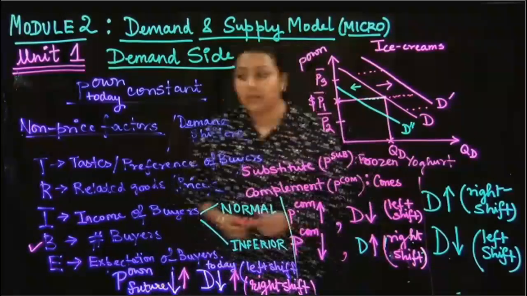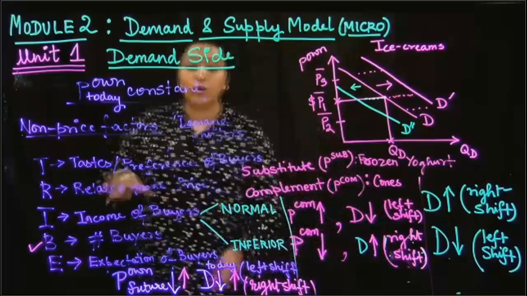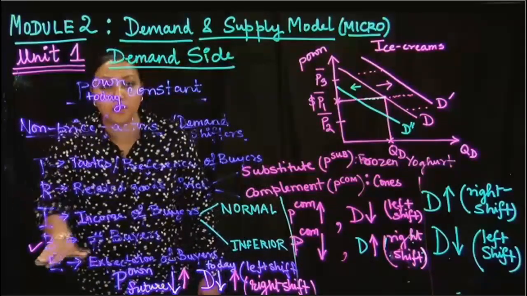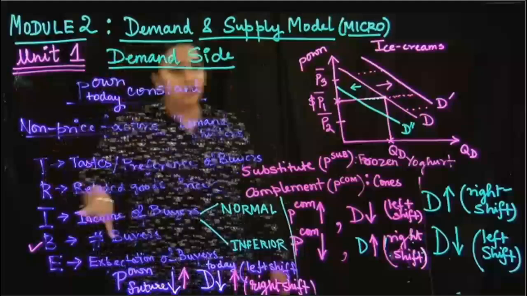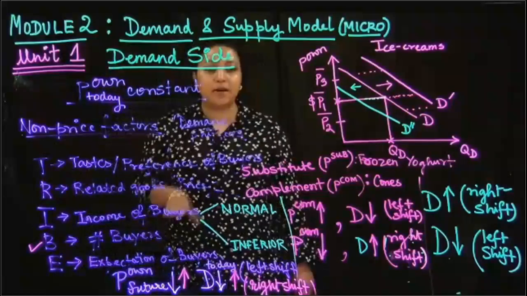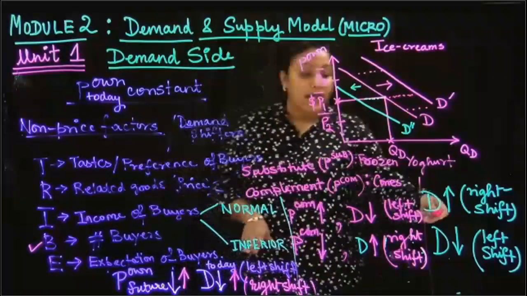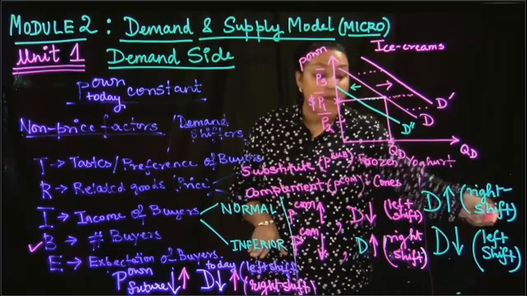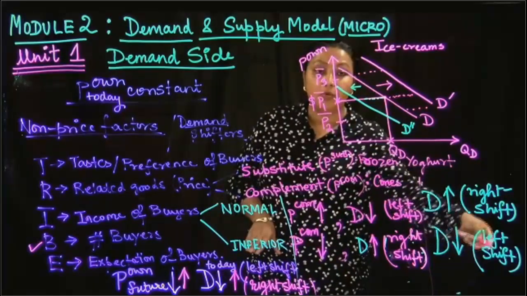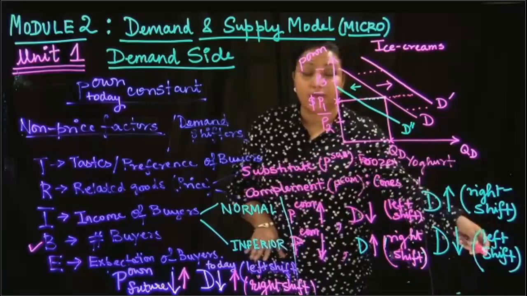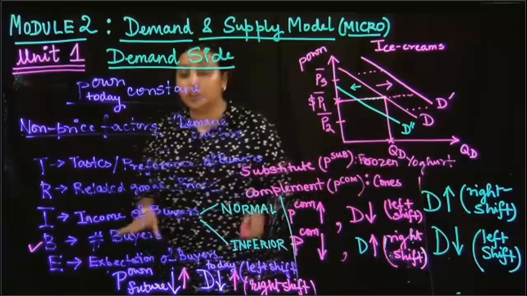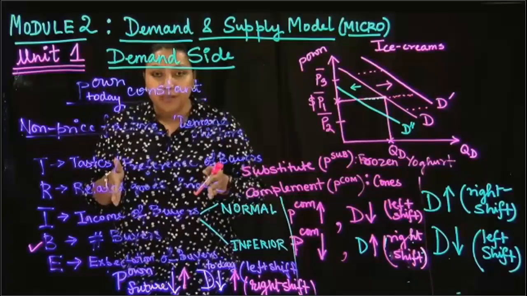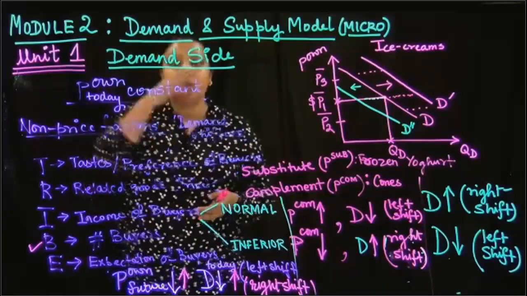So please note that in this video we have gone over the various other factors in the market which could change and affect the demand curve, such that any increase in the demand would shift the demand curve to the right, any decrease in the demand would shift the demand curve to the left, and all along we assumed that the price of the commodity right now in the present time is constant.